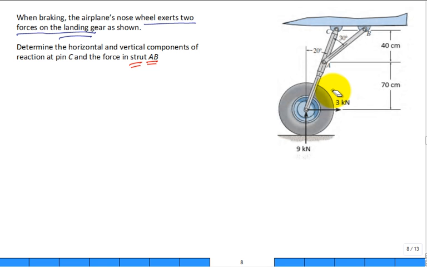True? So if we cut through the pin at B and the pin at A, and we isolate over here, that's a bad looking isolated object of my strut, but there it is. There's A and there's B.